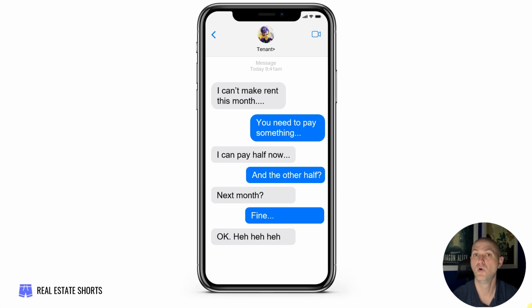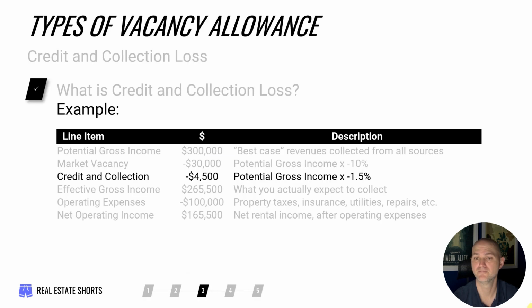They want to pay, but they can't pay yet. So they have to defer. So credit and collection loss is this estimate of uncollected rents that may not happen based on tenancy. So let's say your property manager tells you that that's 1.5%, or maybe that's 2 months worth of partial payments on rents from this tenant.